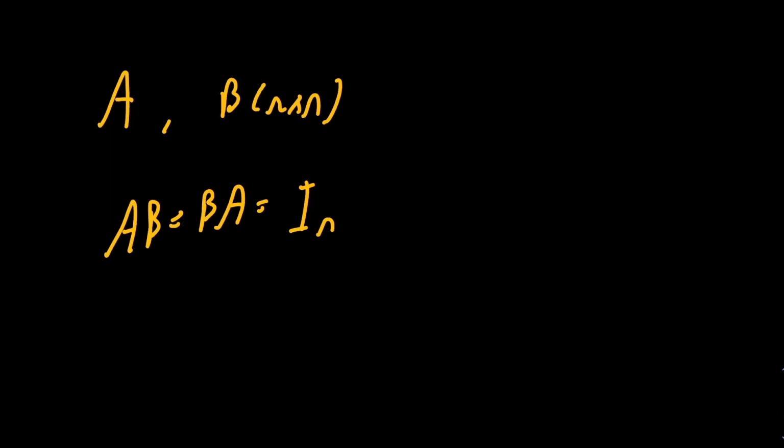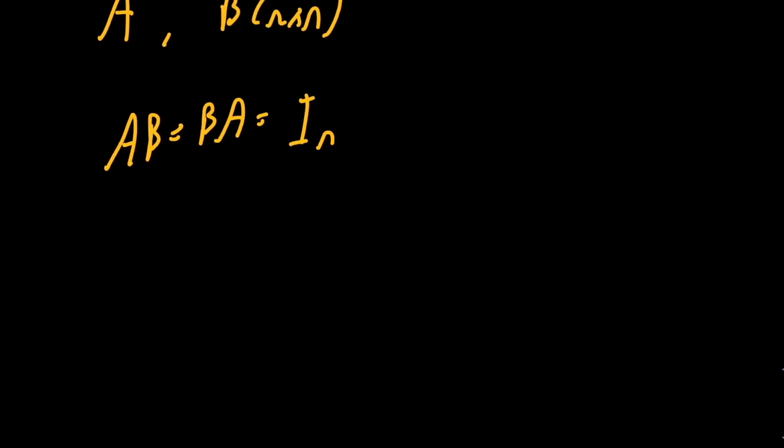What is matrix B? Well, in this setup, matrix B is the multiplicative inverse of A. And any matrix that doesn't have an inverse is non-invertible or singular. It's also worth noting that non-square matrices do not have inverses.